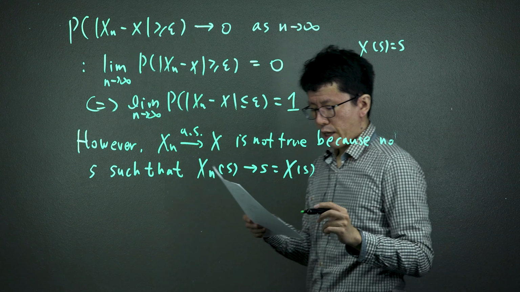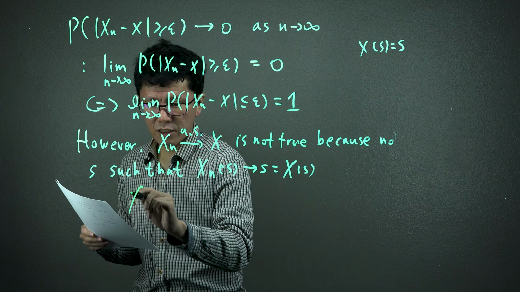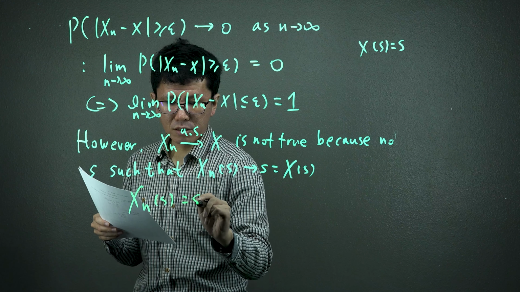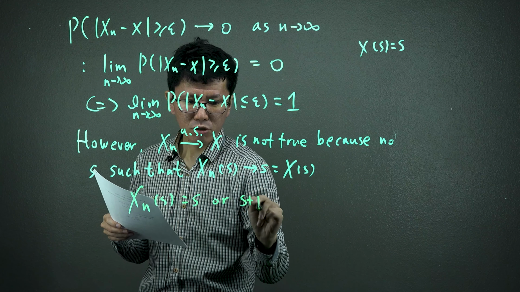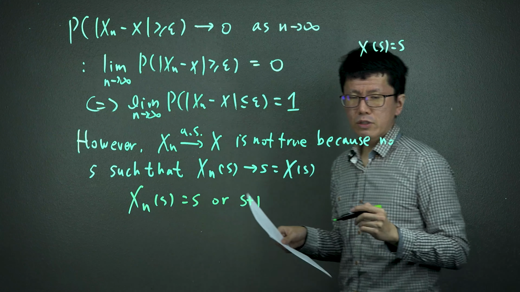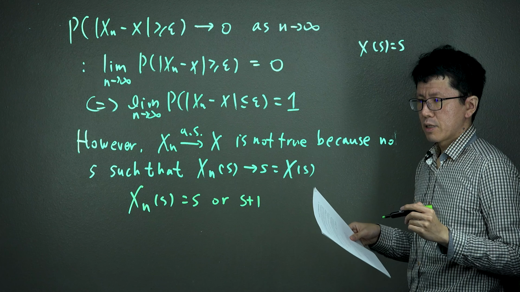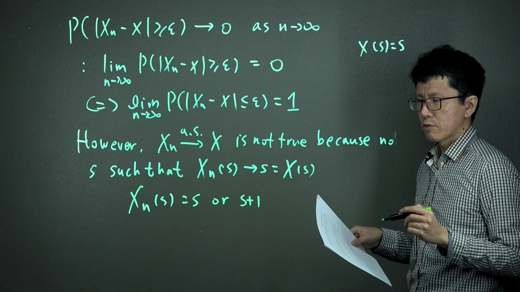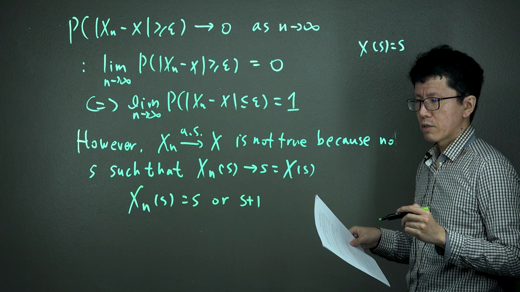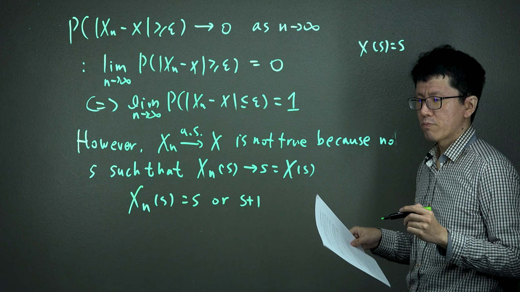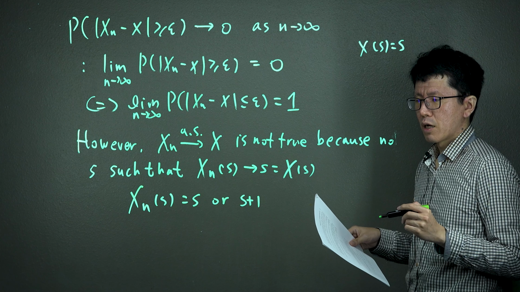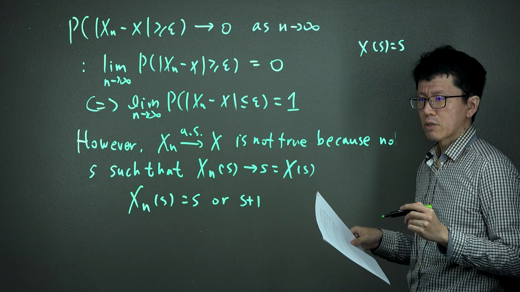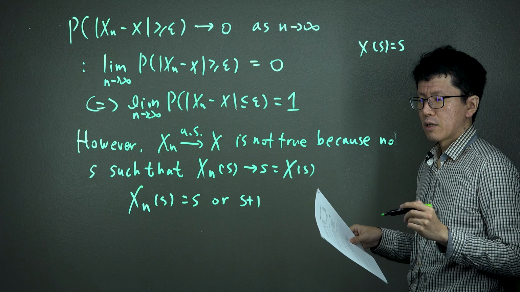So if you compute Xn(s) for any s, it is going to be equal to s or s plus 1. So the sequence Xn(s) fluctuates, taking only the values s or s plus 1, so it does not converge to X(s).